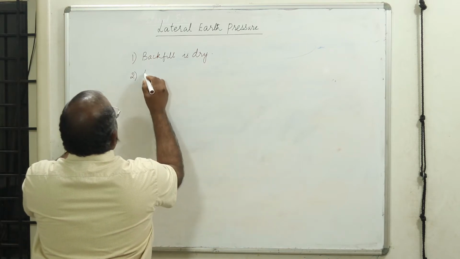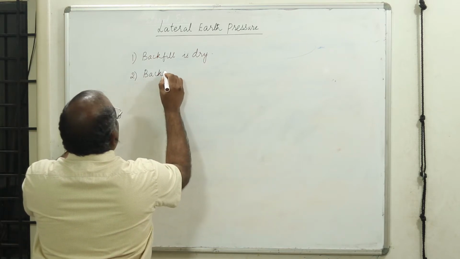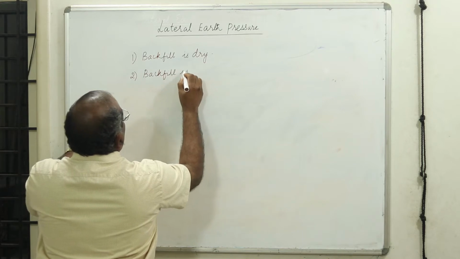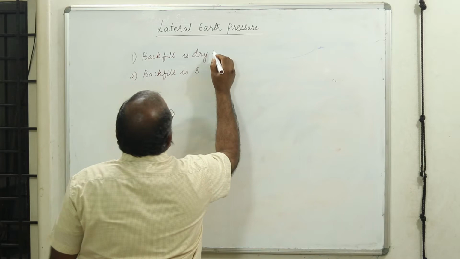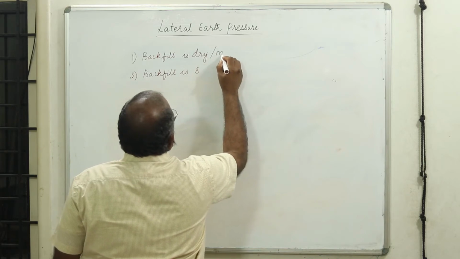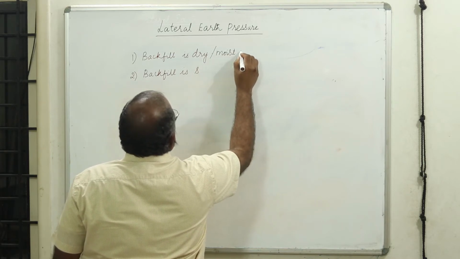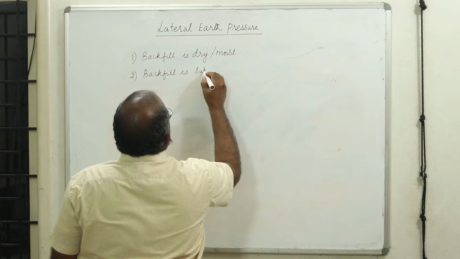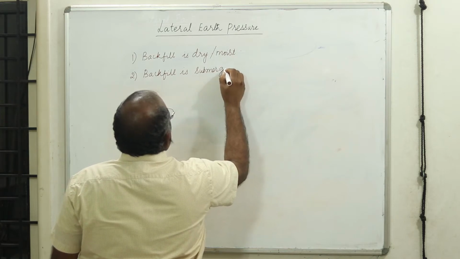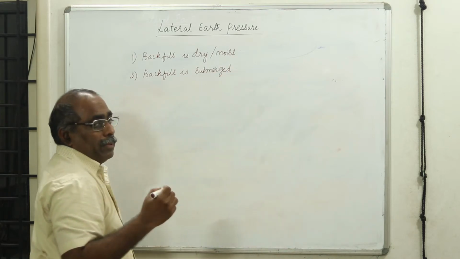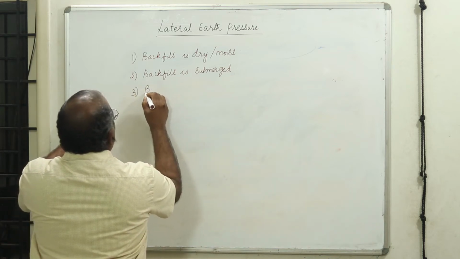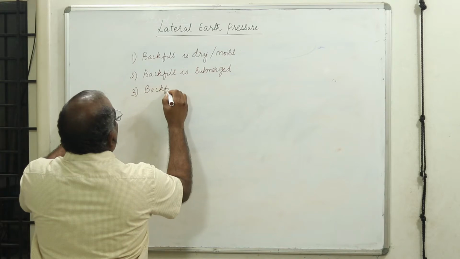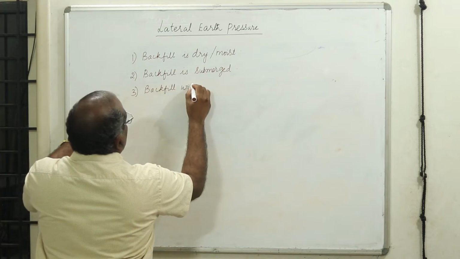Second, backfill is moist. It may be dry or moist, or it may be submerged. It may be partly submerged or completely submerged. We'll take up those cases. Backfill with surcharge.